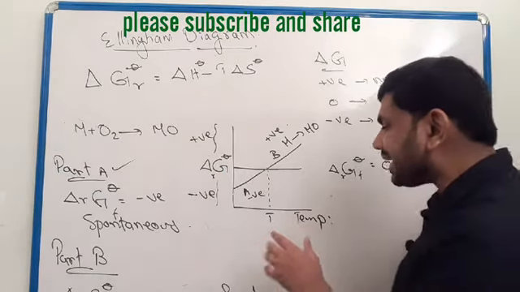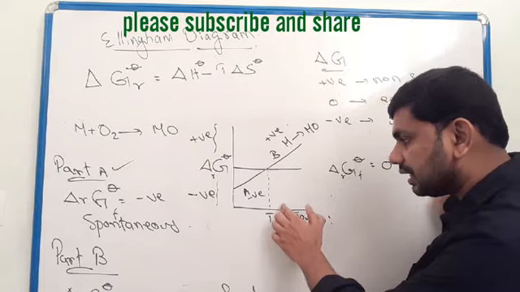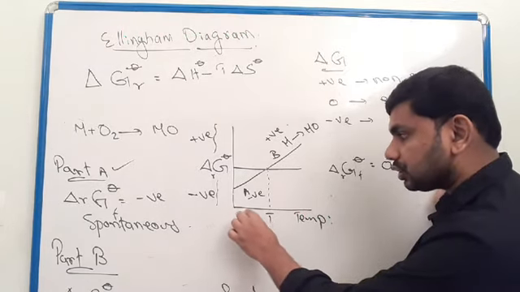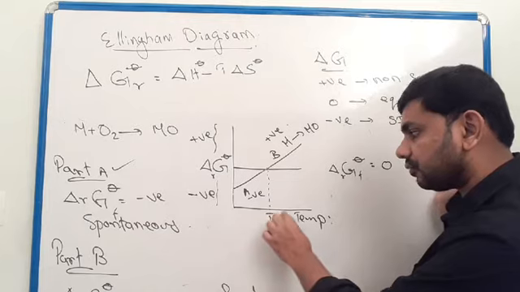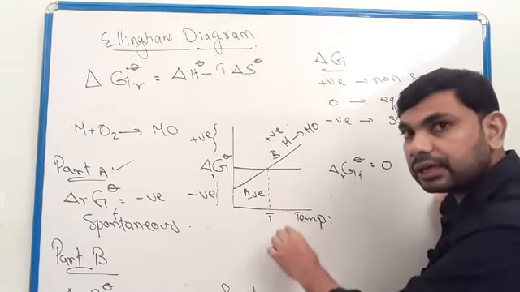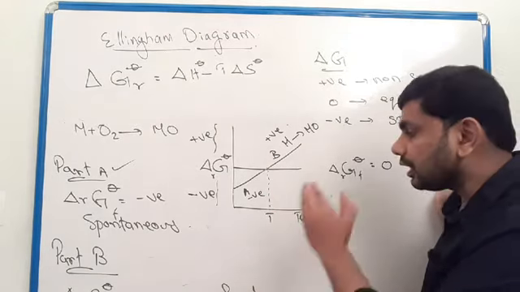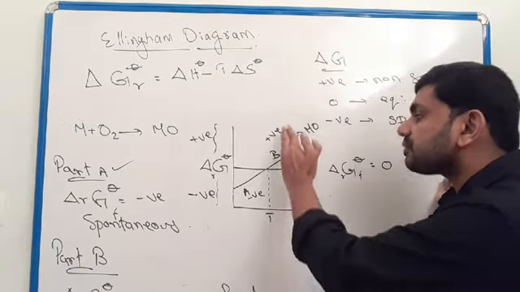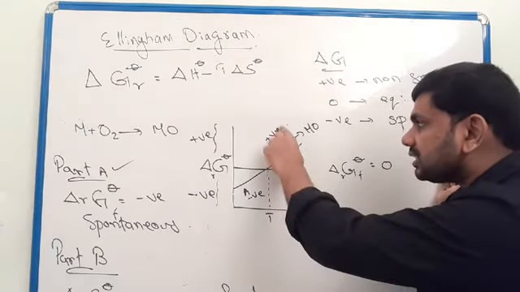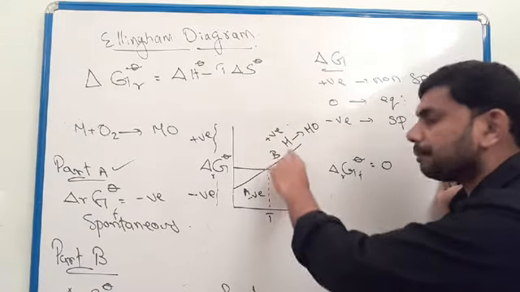So when you choose a temperature after this, imagine 100, 200, 300, 400, 500. At 500 Kelvin the chemical reaction is not feasible. The chemical reaction does not take place because delta G is positive at this temperature.